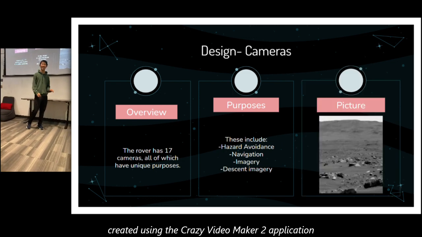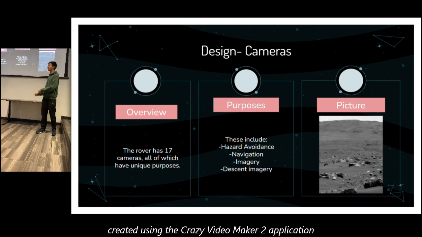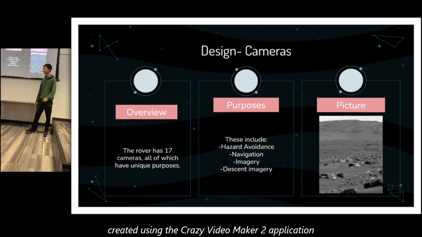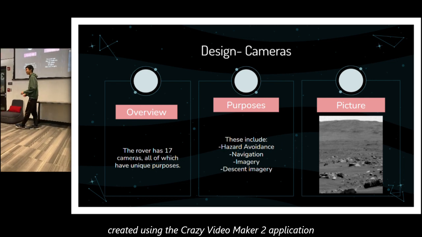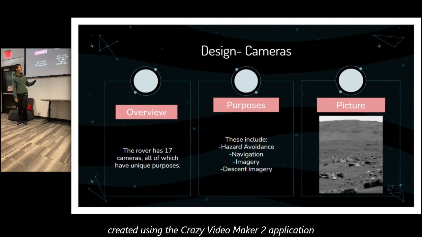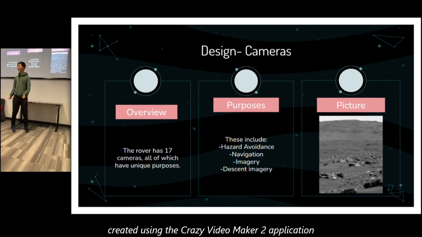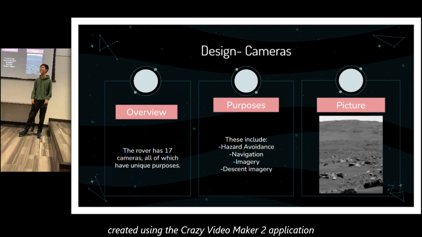Fortunately, they're not very high quality, but that's the best you can do on Mars, because if they're too high quality and they get a tiny bit of sun in them, since there's no strong atmosphere on Mars, the cameras will just break. And then descent imagery, which just records the descent of the rover so that NASA knows if it's safe on Mars.